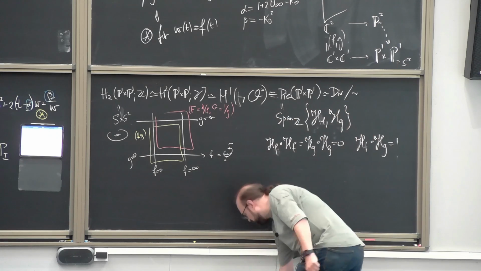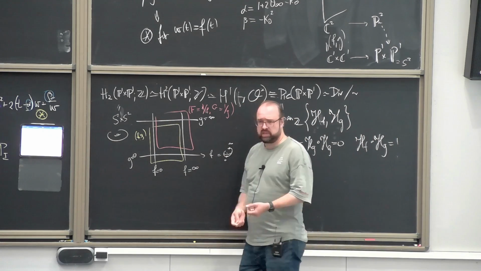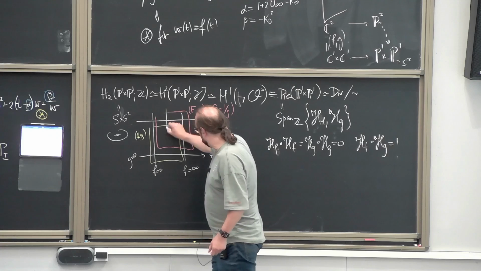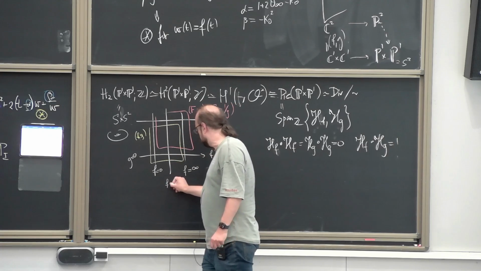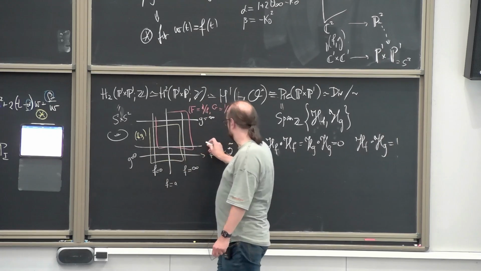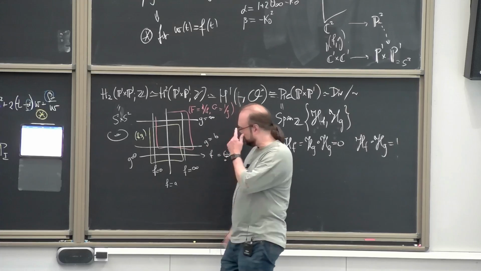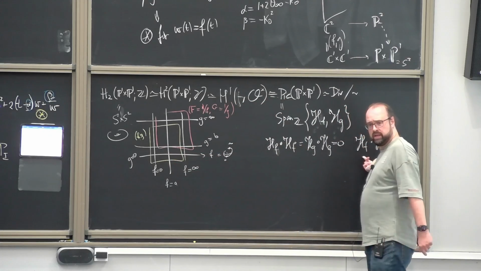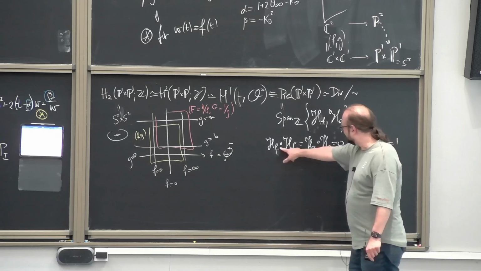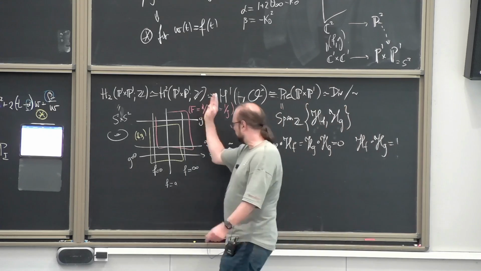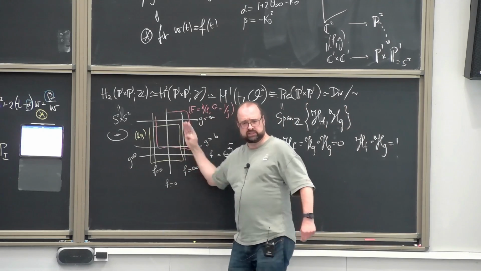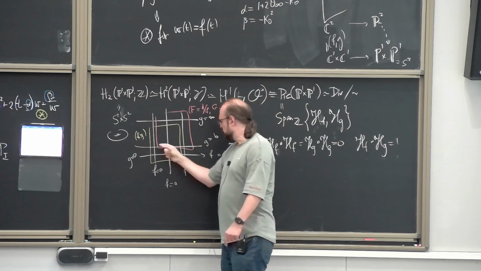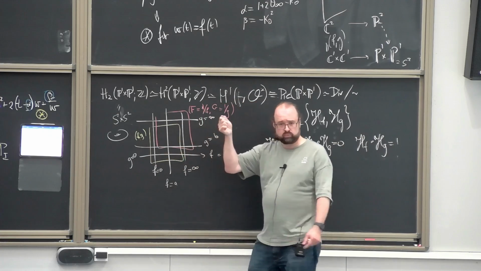If you use this picture, it's sort of easy to see what's happening. You have a vertical line. This is, for example, f equals a. You have a horizontal line. This is g equals b. They intersect at one point, and that's that. Okay? Of course, these are classes, but for a class of horizontal lines you just allow it to deform. And of course, if you deform here, there's still one intersection point.